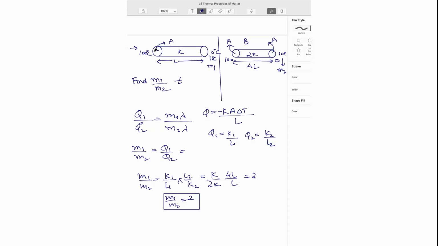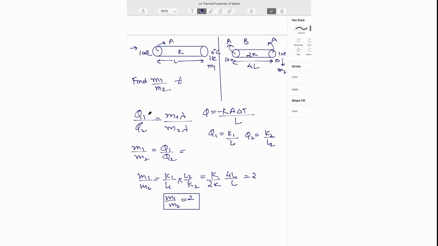So if you see this, we have a conduction as well as this, the heat transfer from this conduction is used for the melting of ice. So I told you the concept related to it. That is a separate concept and that is conduction, and then they combine the concepts and then the question is there. So what we did is, whatever the Q due to this conduction will be used to melt this ice.